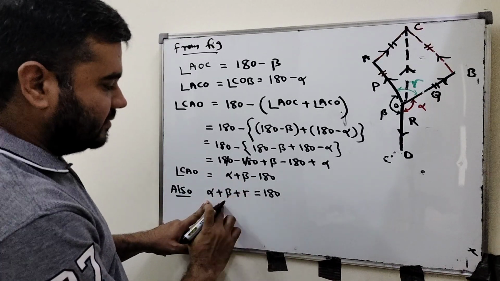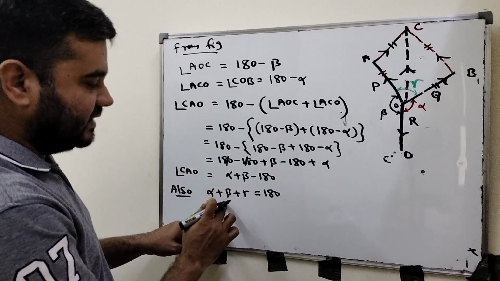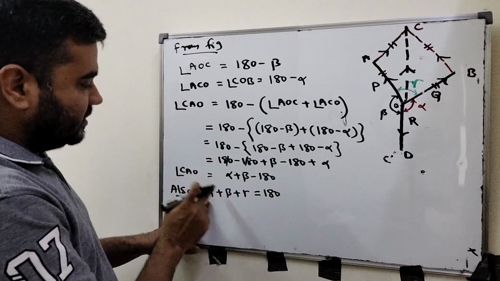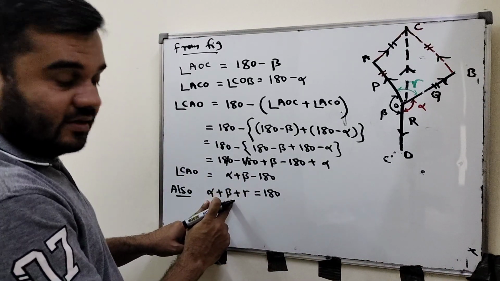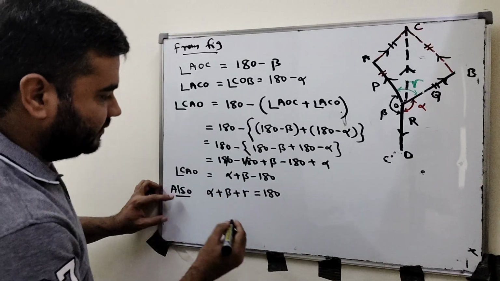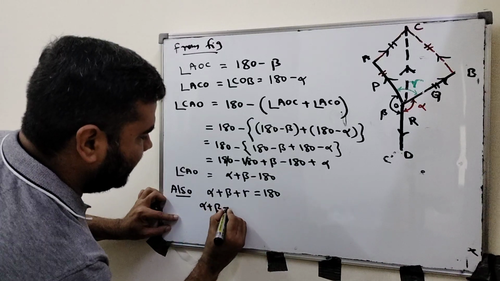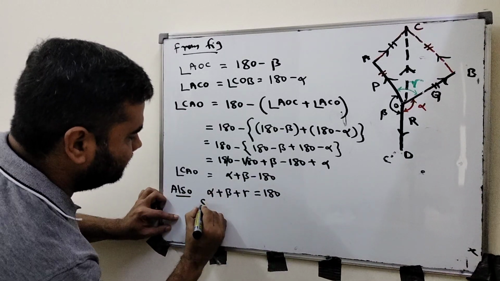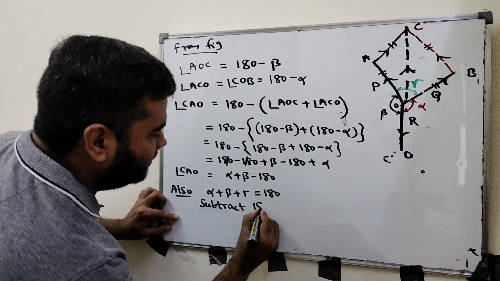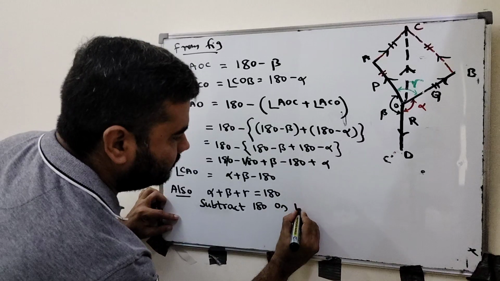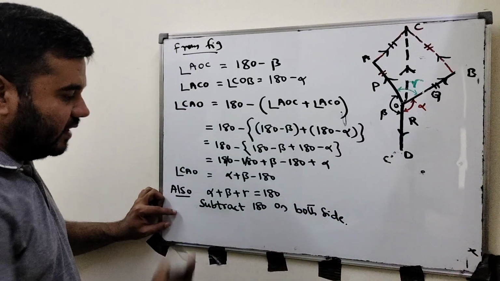I have to subtract 180 on both sides because I want to substitute angle CAO in this equation. So subtract 180 on both sides.